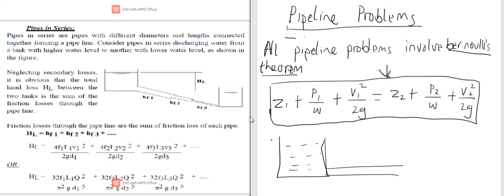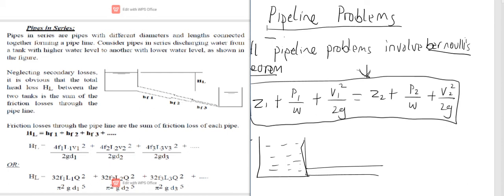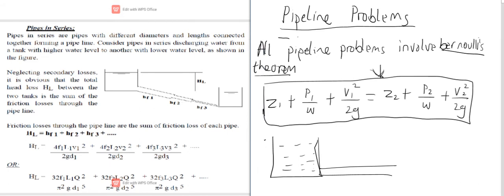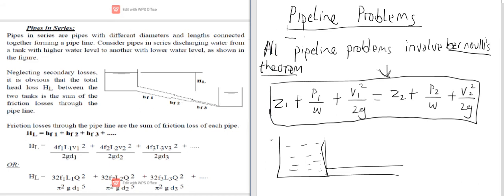Losses occur when fluids move through pipes. So what can be the loss here? We can have two types of loss. The first one is shock loss, and the second one is friction loss.